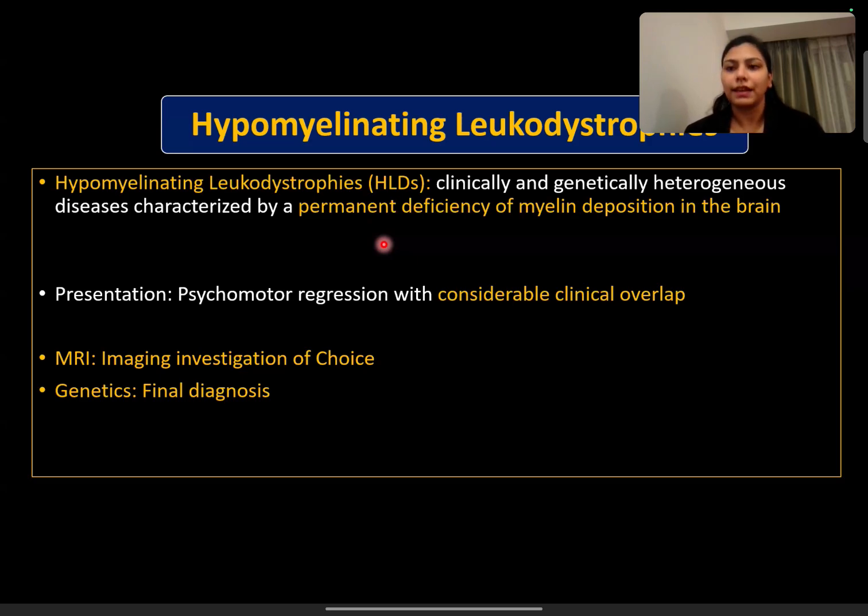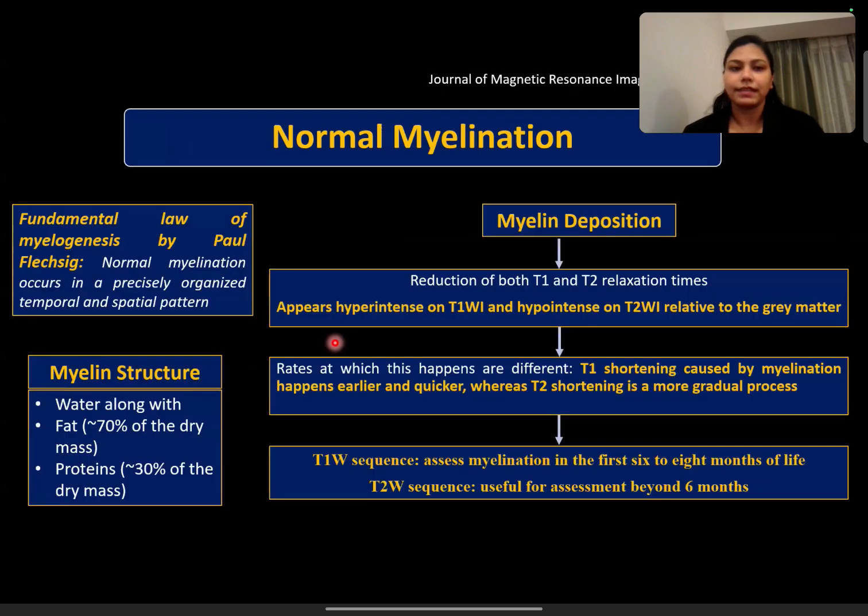In such a scenario, we are requested to do an MRI of the child, and it is the MRI which points towards the diagnosis of hypomyelination, of course on the background of features like spasticity and nystagmus. MRI provides a clue towards the diagnosis and helps in guiding towards the genetics, which provides the final diagnosis.